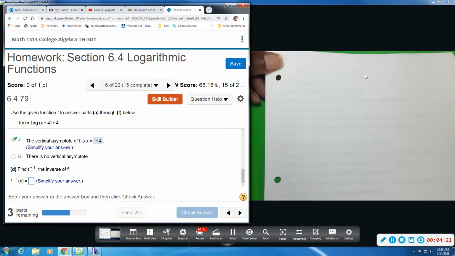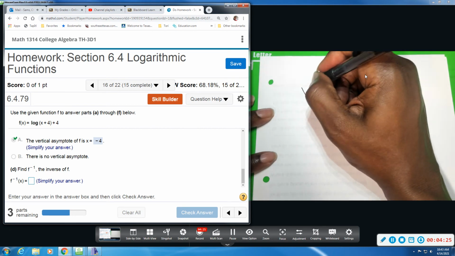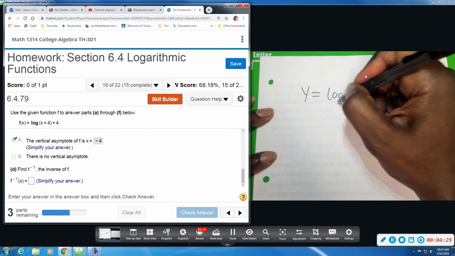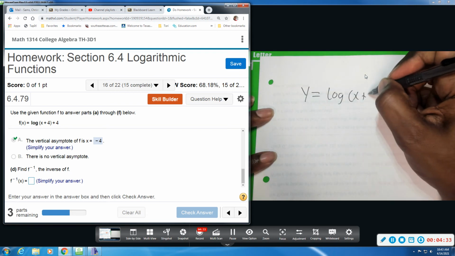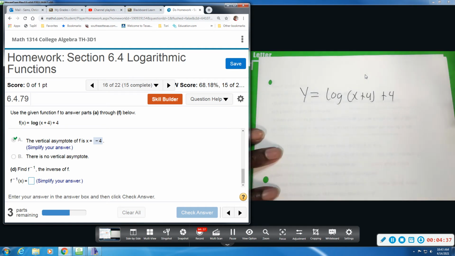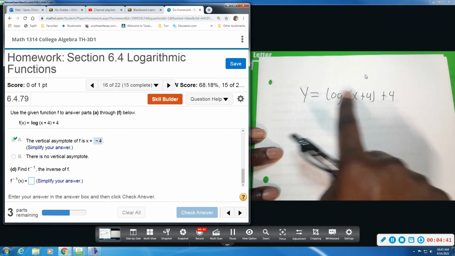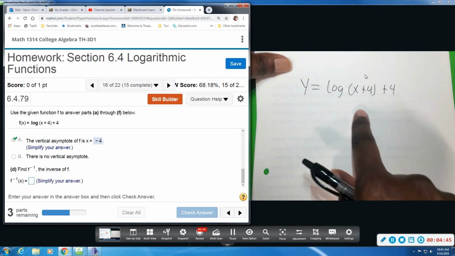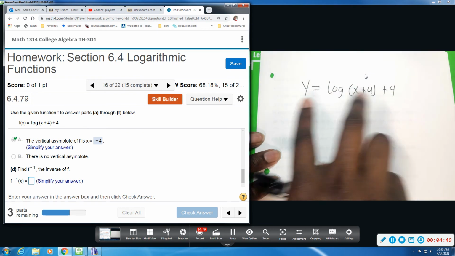So the best way to do inverse generally is if I have y equals log of x plus 4, and then we got another plus 4. We're going to flip-flop x and y. That's how you find the inverse. You change x and y. They change positions. And then we would solve for y.